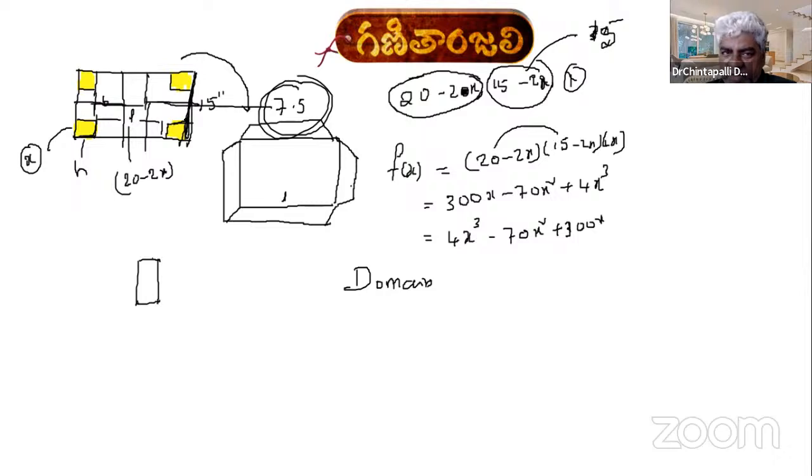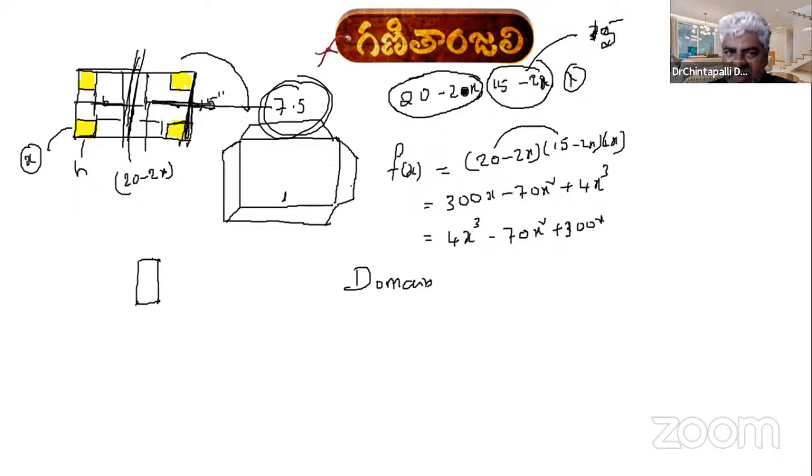We choose the smaller side, 15. If we choose the larger, it is 20 inches, and half of it is 10 inches. And we can't cut a 10 inch corner, because its maximum is 7.5.